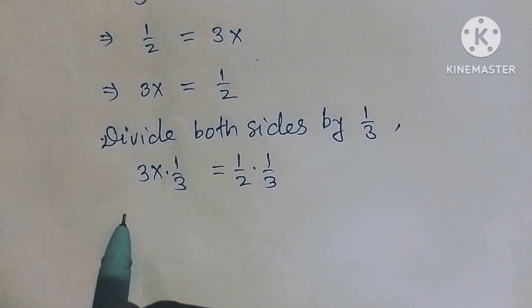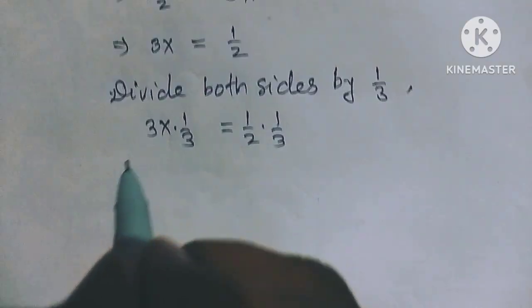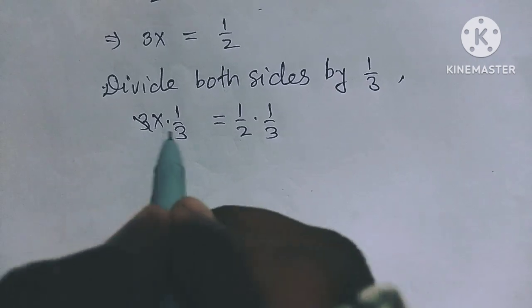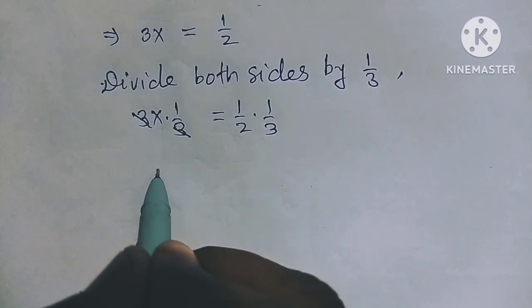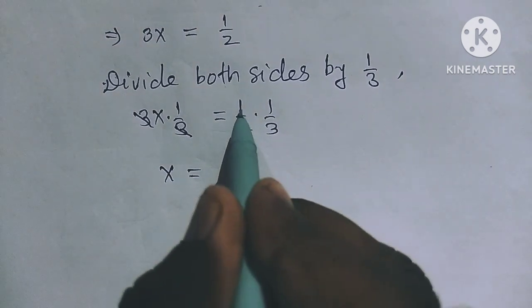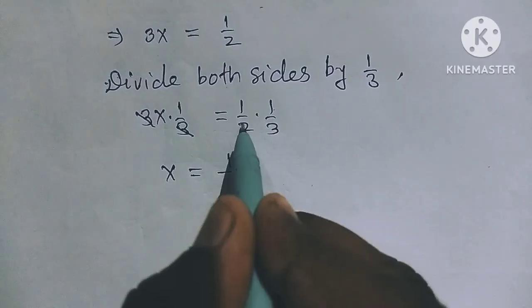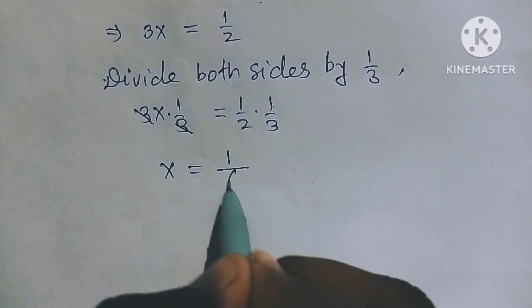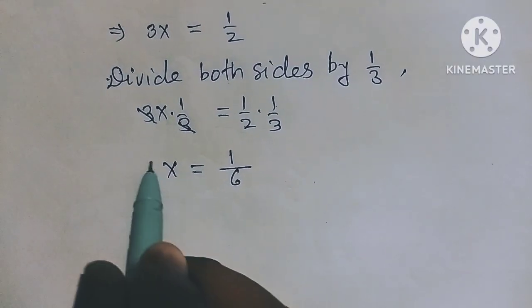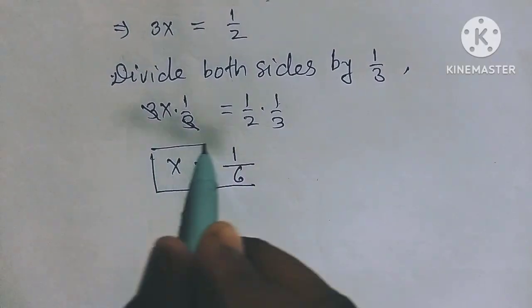So we get here 3 cancel, x equal to 1 multiply 1 is 1, 2 multiply 3 is 6. So x equal to 1 by 6.